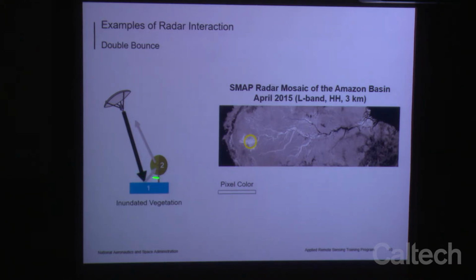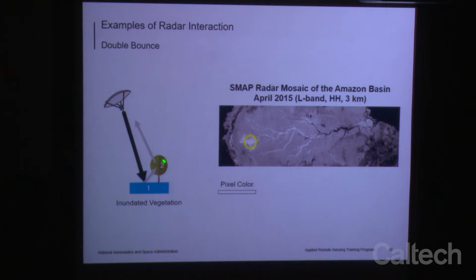But if you have a water surface here, remember you get a very strong forward scatter, where you get the dark regions here of open water. But that forward scatter then can interact with the vegetation, and then some of that scattering coming from the water to the vegetation comes back to the radar.